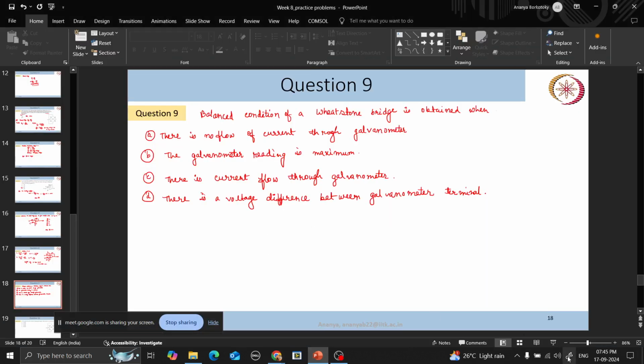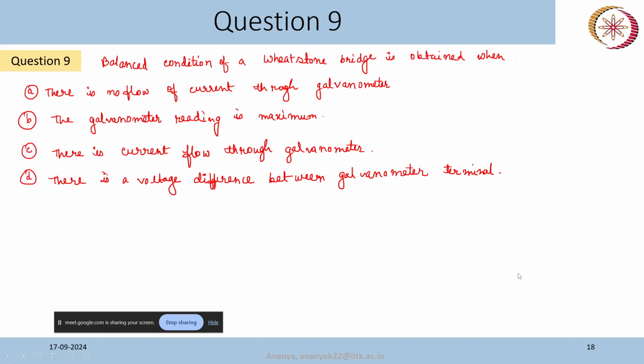Answer is A actually. So galvanometer is a device that measures electric current. There will be a needle that will move in either direction to say in which direction current is flowing, basically an analog kind of device. It will not show you a number. It will deflect and show how the current is flowing.